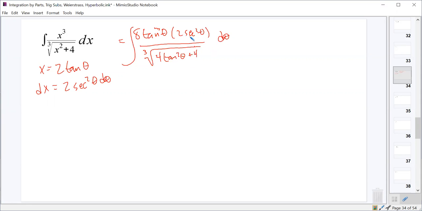It looks like a little bit of an issue. Do you guys agree with that? Anybody see a good way to deal with a secant to the 2/3 power in the denominator?